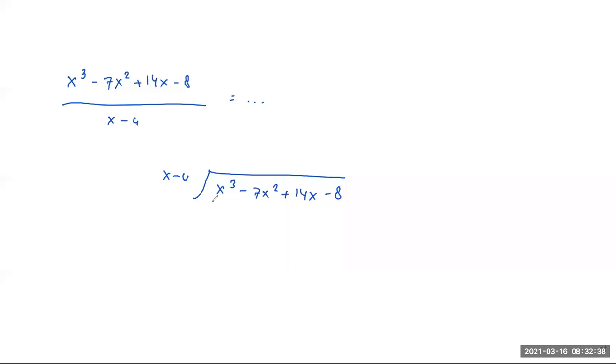So let's start to eliminate x cubed first. So I have to multiply by x squared. So it will be x cubed minus 4x squared. In the end, it will be negative 3x squared. And then one drops, plus 14x. So what is the next term that I need to multiply? Frey, what is the next?